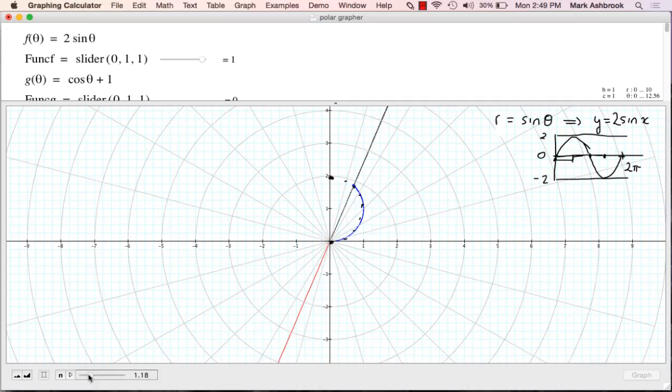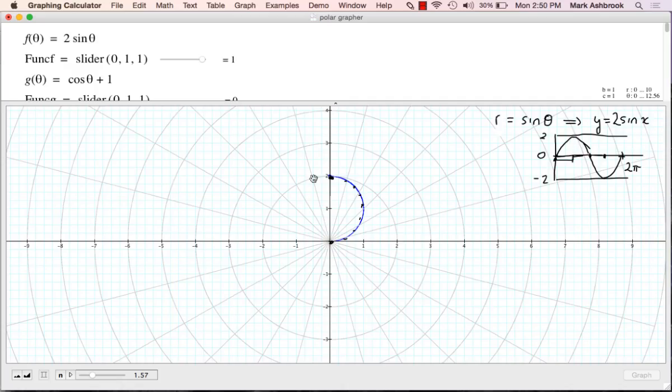As theta increases, that r is moving out from 0 to 2, and you get that arc right there. Then what happens when you go from pi over 2 to pi? That y value, which is our r value, does what? It goes from 2 back to 0.